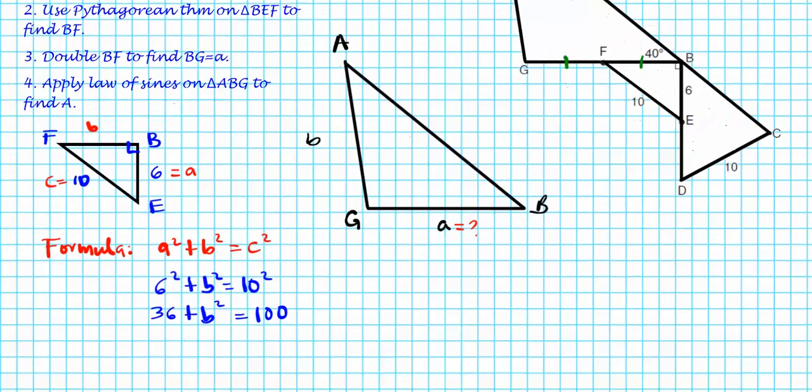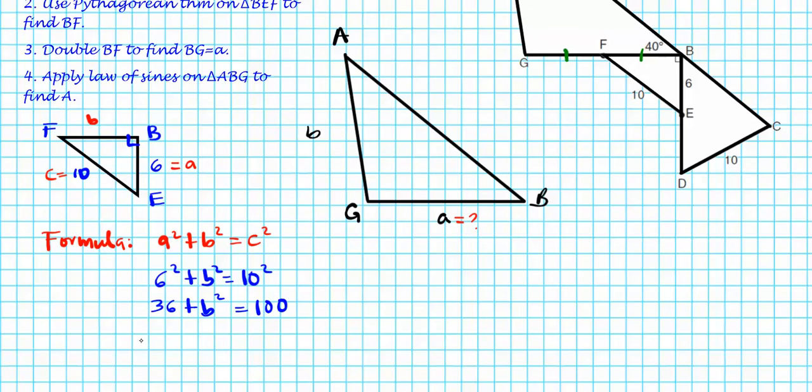Subtract 36 from both sides. You have b squared equals 64. Take the square root of both sides, and b is going to be 8.